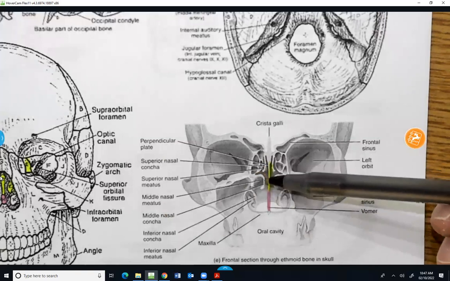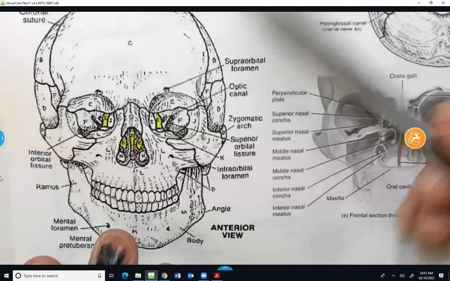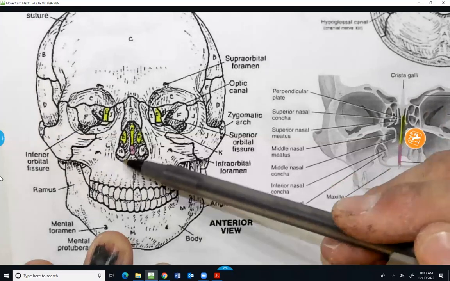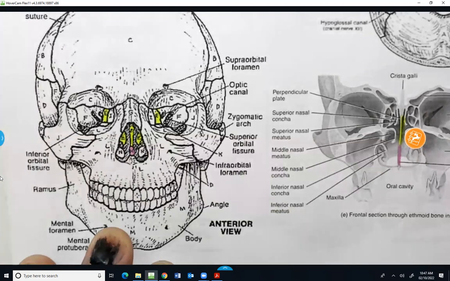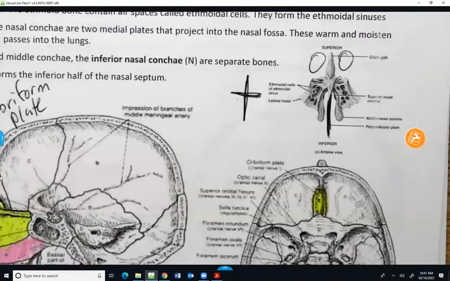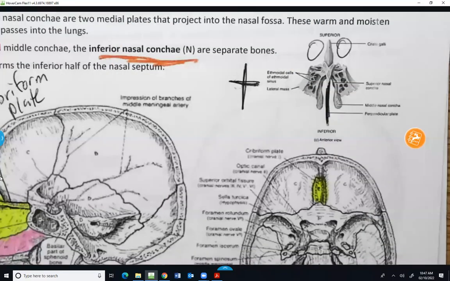Now, the superior and the middle nasal conchae are part of the ethmoid. So I could color these yellow, but I'm not going to. Over here, we can see the middle. Notice I didn't color the letter N. I believe that's N, because yes, that's letter N. Those are the inferior nasal conchae, and they're separate bones, okay?